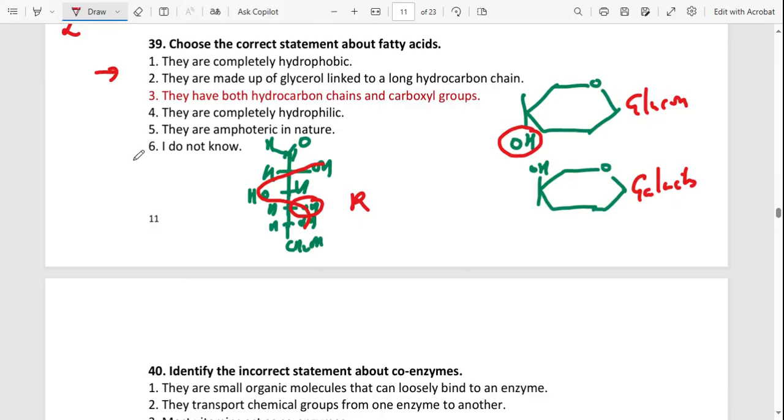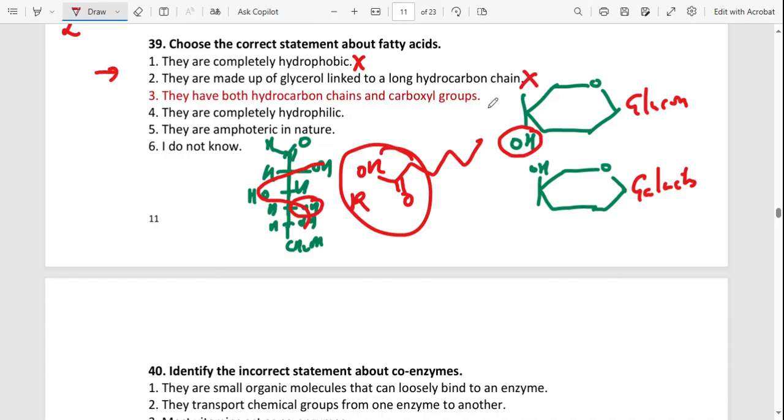Choose the correct statement about fatty acids. They are completely hydrophobic. Now fatty acids, I've got this formula. There is the end that loves water, so they are not completely hydrophobic. They are made up of glycerol linked to long chain hydrocarbons. That's not a fatty acid.